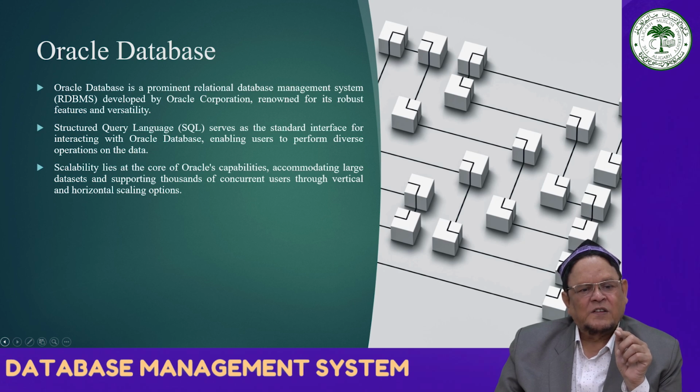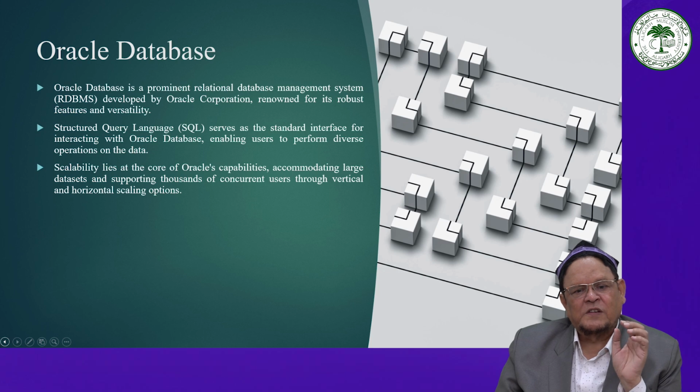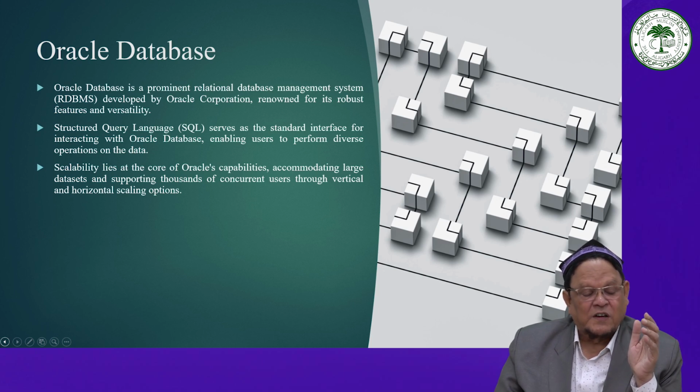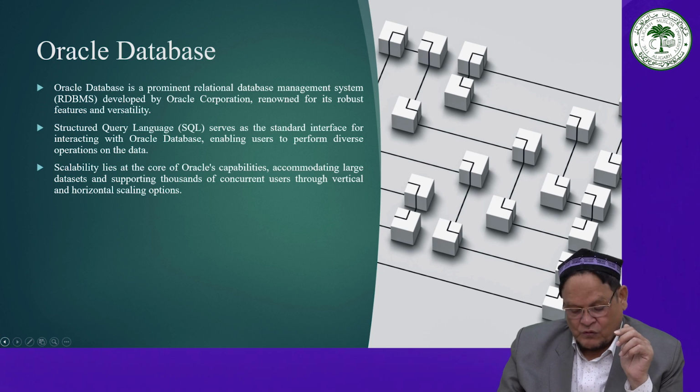Scalability lies at the core of Oracle's capabilities. It means accommodating large databases. I mean to say that by scalability, it can accommodate large data sets and support thousands of concurrent users through vertical and horizontal scaling options.